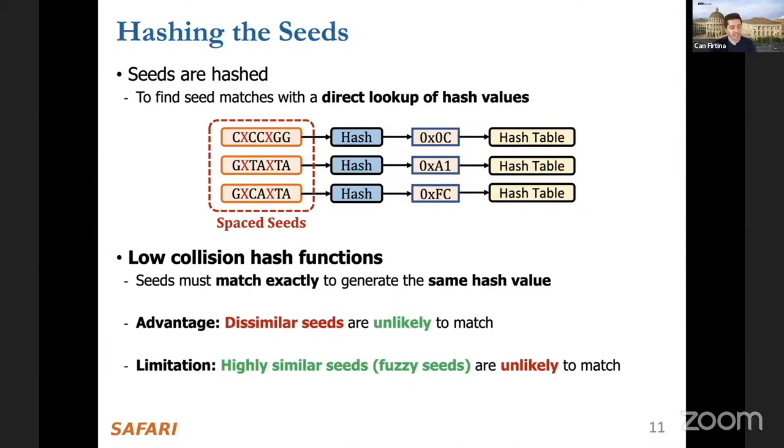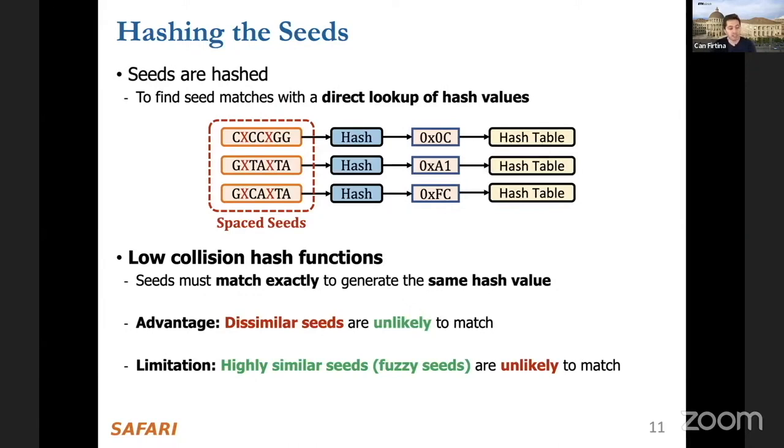When we exactly match the seeds to reduce the space from the entire reference genome to particular regions, the exact matches may not be sensitive enough. There may be other regions where the seeds are not exactly matching, but are still highly similar, meaning that if we align the read to that region, we would still be within a particular edit distance budget.